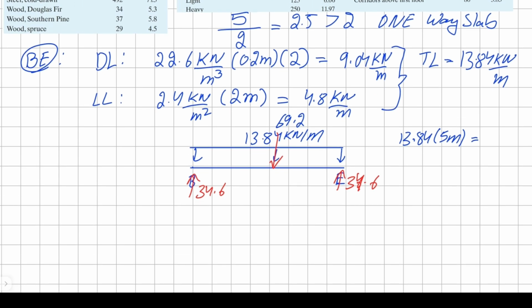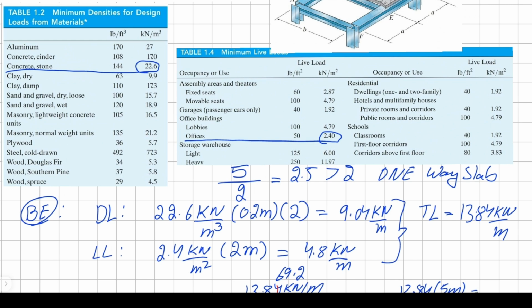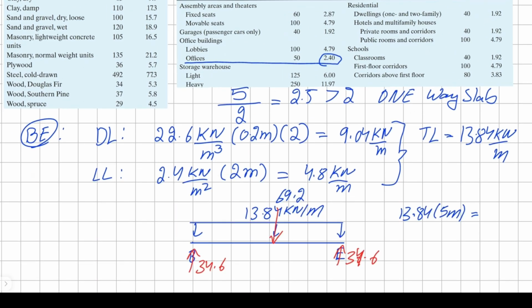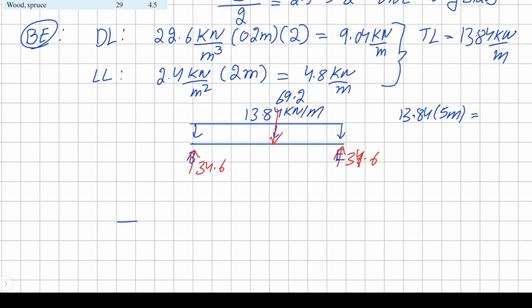Now let's solve for the loading on the member FED. For FED, let's draw the free body diagram, F, E and D. We have already found the loading for point E, which is going to be 34.6 kilonewton.